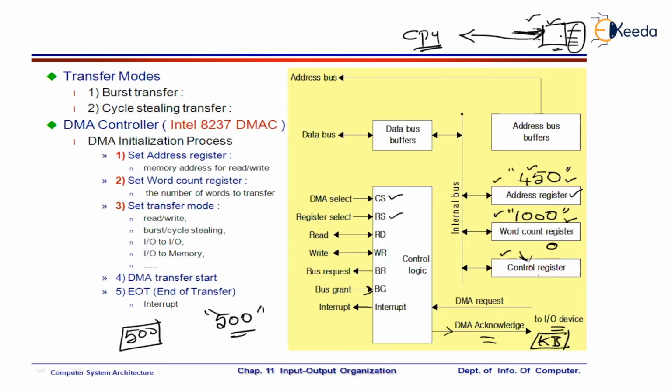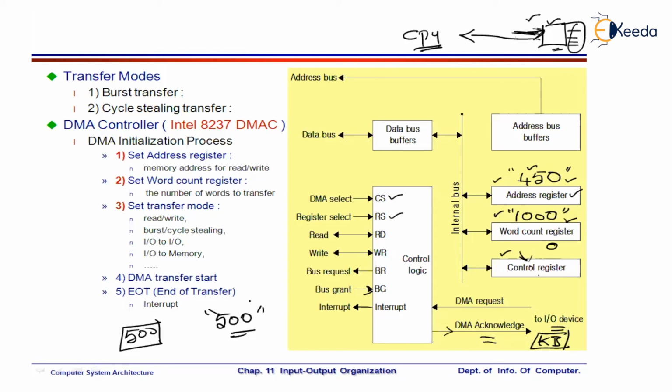For this reason, what the CPU does is, every now and then, the CPU watches this word count register, though the transfer is happening. If the word count register is updating, fine, there is no problem. If the word count register stopped updating, it means that there has been an error and the word count register is not decrementing at all.